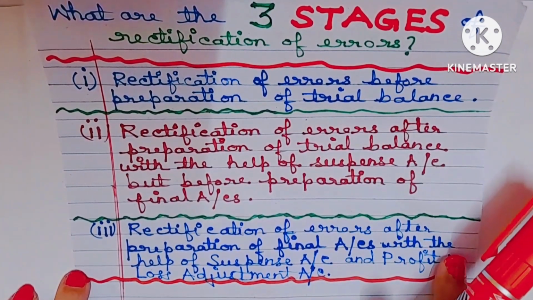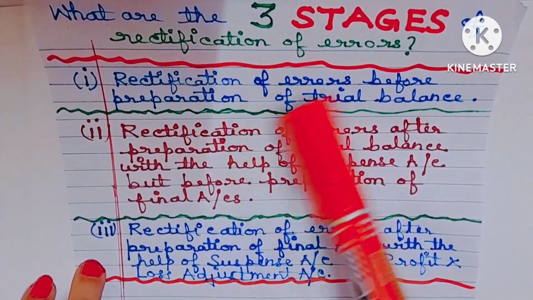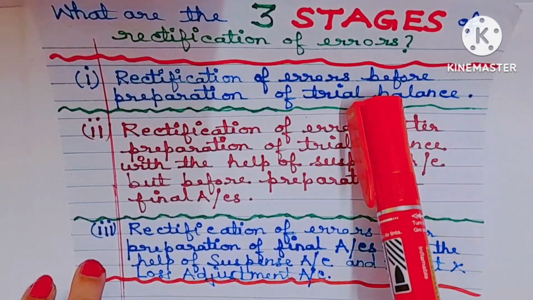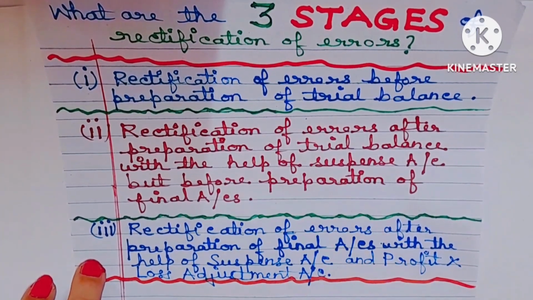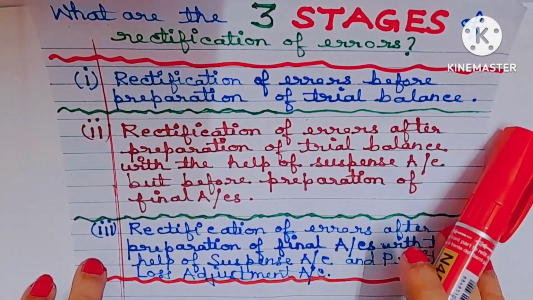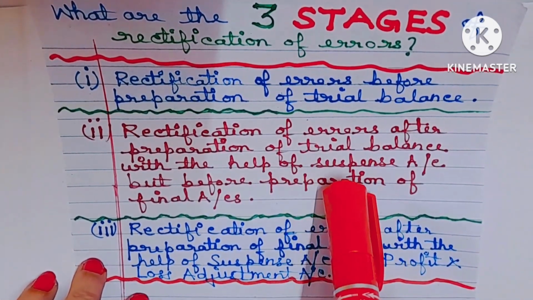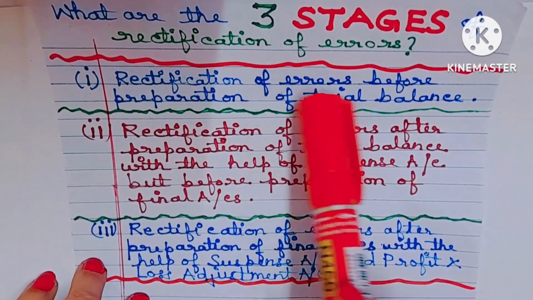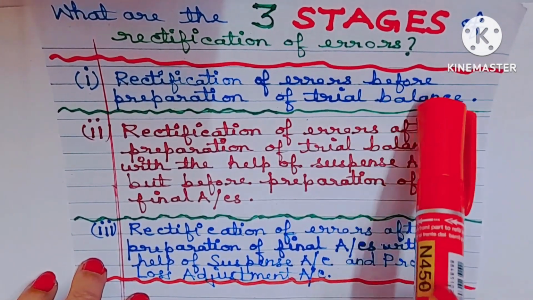Okay? Now, one more thing. How would you understand if the problem given is the first stage or the second stage or the third stage? If the problem is silent about the suspense account, please remember you have to assume the problem is about the first stage where you cannot pass any journal entry in case of one-sided error.